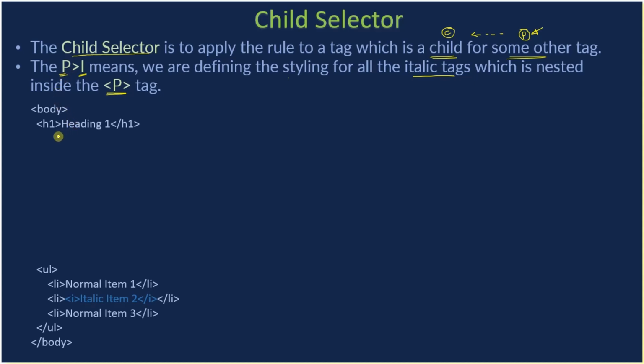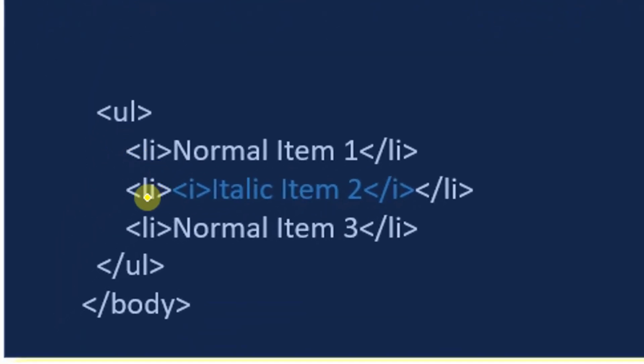Now here if you see, we have a H1 tag and there is a UL tag with a list item. So UL is unordered list and this will be the parent for all three list items here. So that's how the parent child is defined. So this is parent tag and it contains three child tags, C1, C2 and C3. So if you look at C2, C2 is list element that contains one more child I. So this is one more C1, but this C1 is a child for this C2 for this list item.